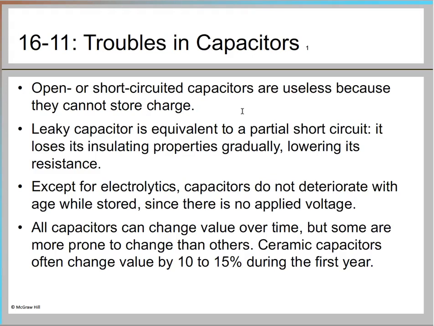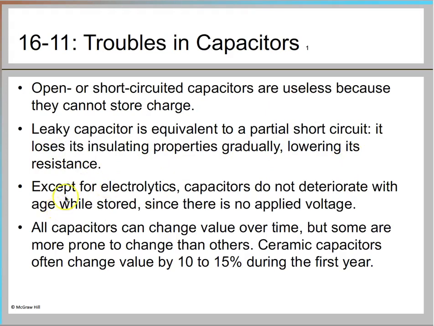If the resistance is lower, then current will flow through that, because current tries to find a path of lower resistance. So in that case, this capacitor loses its insulating properties, gradually lowering its resistance.